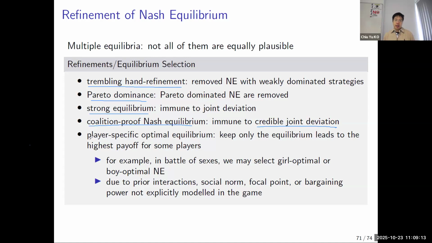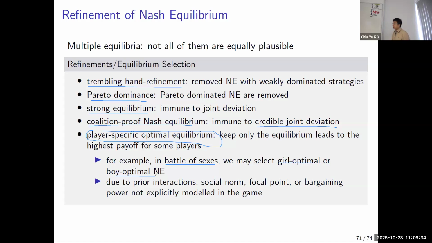And I guess the most useful one in business is something we call player-based optimal equilibrium. As I said, in battle of the sexes, we can focus on girl optimum or boy optimum, right?